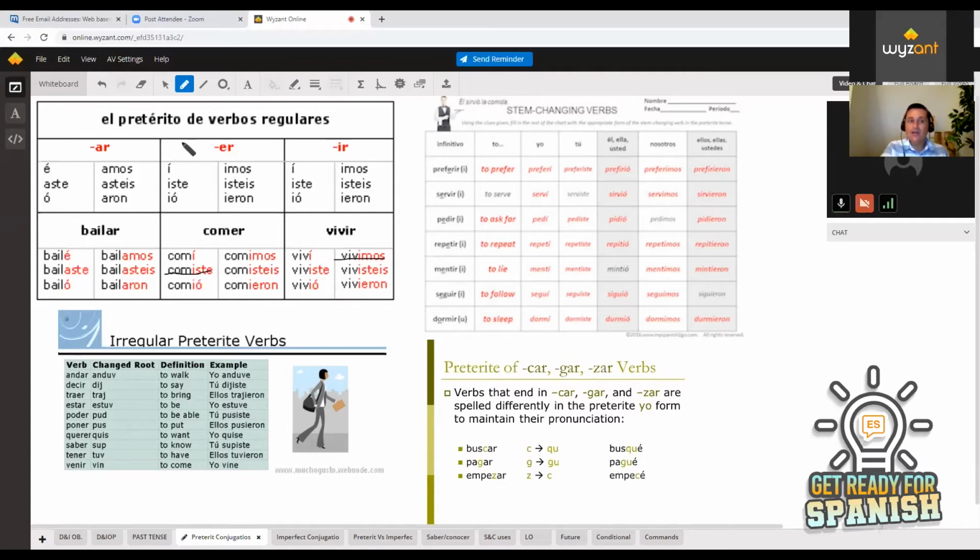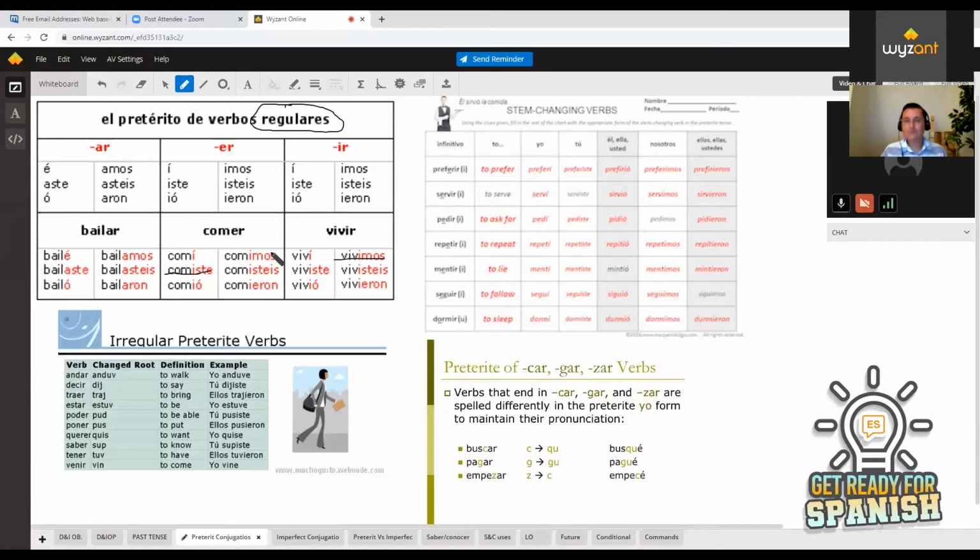Okay? So this is a new set of endings that you need to memorize, a new set of endings that you need to practice, but this is simple. The regular verbs are simple, okay? Just remember these endings and you will be good to go with that, okay?